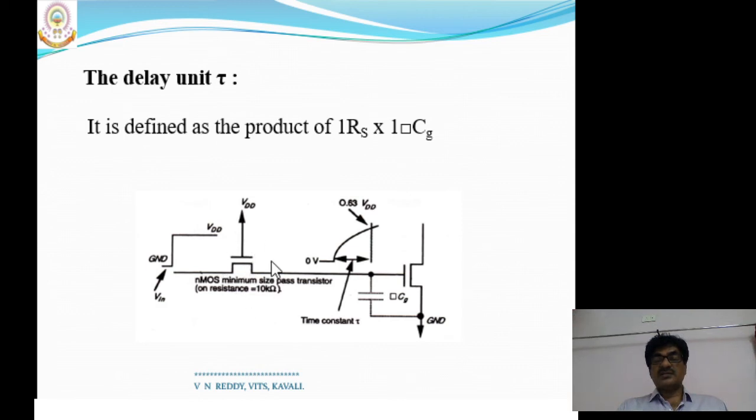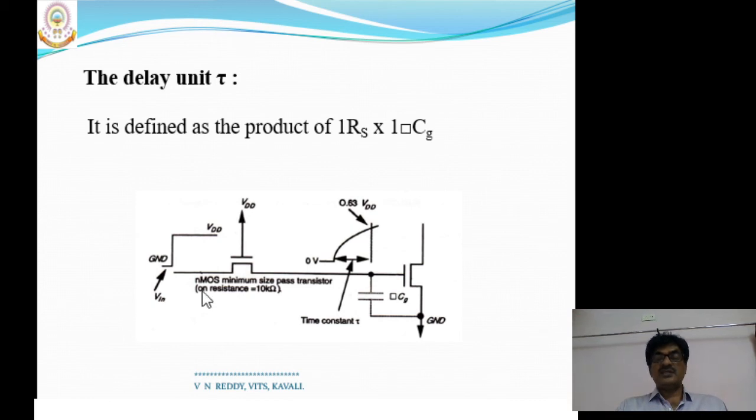The pass transistor drawn here has equal length and width, with resistance 1 Rs, and it drives another NMOS transistor. It also has the same length and width, and it is the load for the first transistor, providing a capacitance of 1 square Cz.